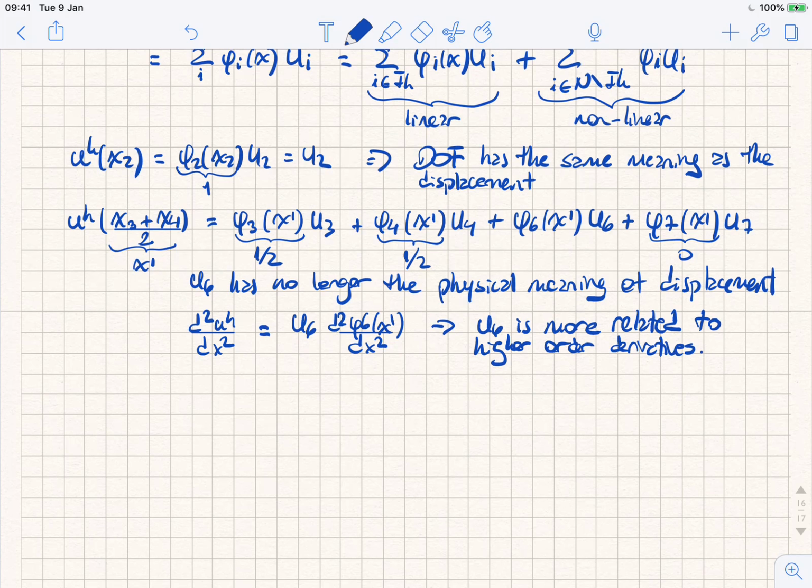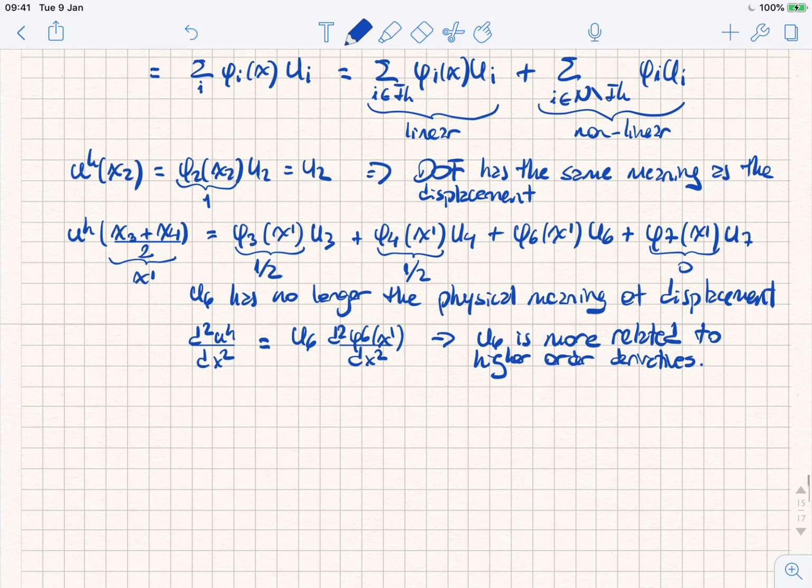Could you explain again why U6 no longer has a physical meaning? Yeah, because this is your displacement evaluated at that location. If U6 had the meaning of the displacement at that location, that means that this should be 0, this should be 0, and this should be 0. Well, the last one is 0, because the shape function at that location is 0, but the first two are no longer 0.